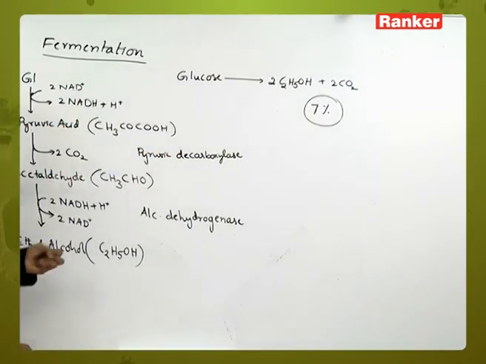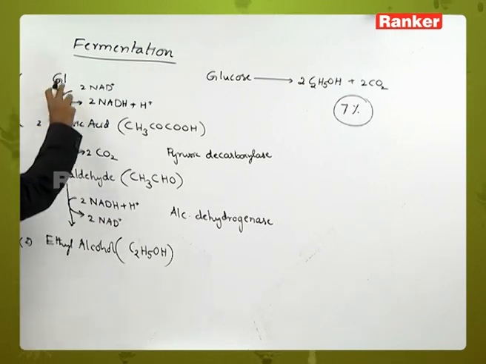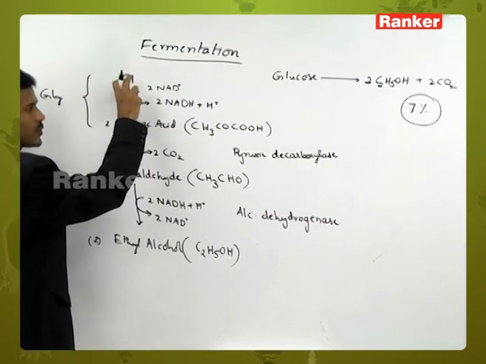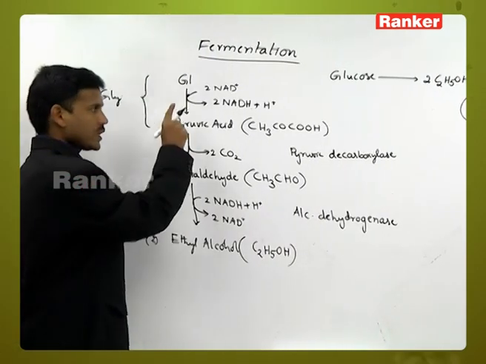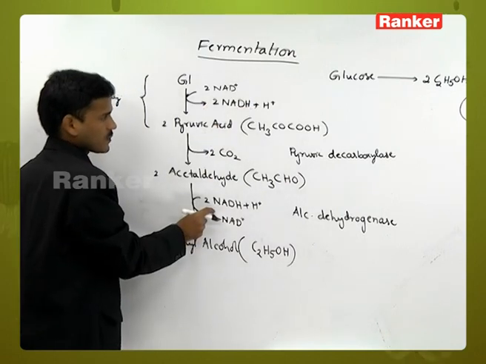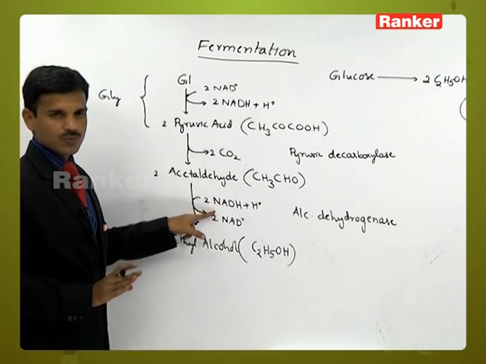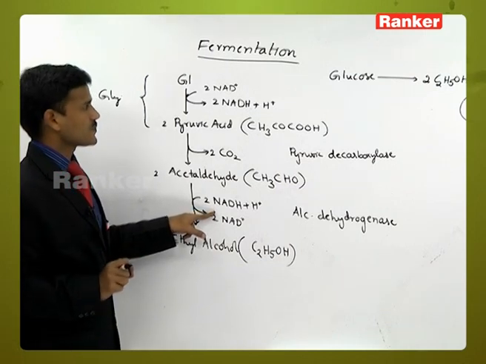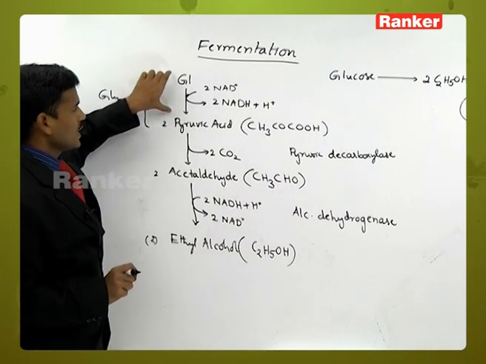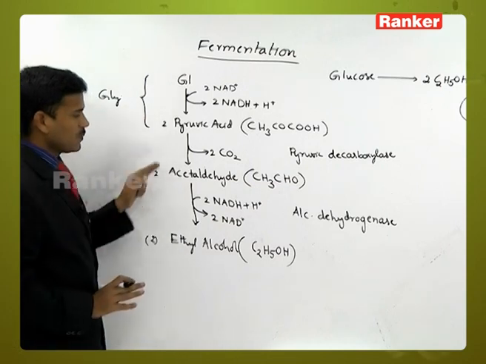What is the net gain of ATPs here? In glycolysis, totally 4 ATPs are produced and 2 are consumed, so only 2 net gain. 2 NADH2s are also produced, but these 2 NADH2s are consumed here. So, produced and consumed, no net gain of NADH2. What is the net gain of ATPs? The ATPs are from glycolysis only. In the fermentation steps, there is no ATP production.